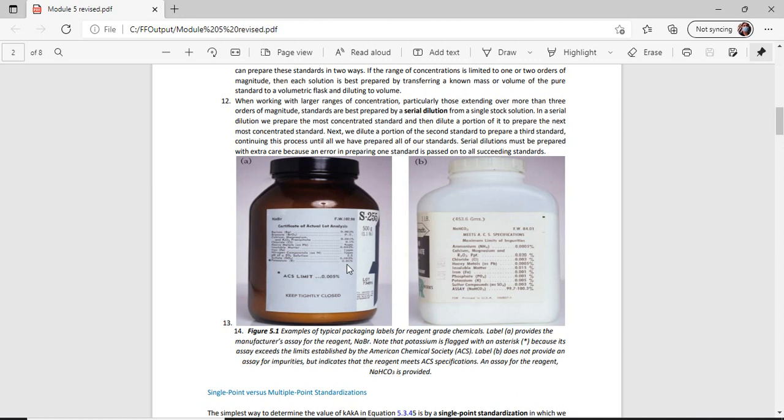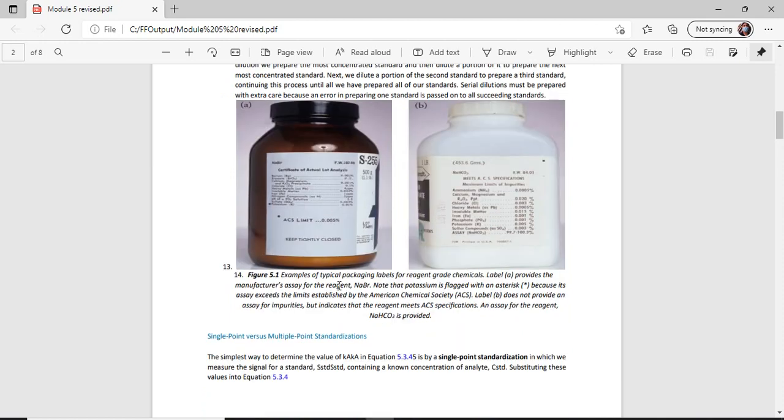Then you have here a picture of your reagent grade chemicals. You have here your NaBr and you have your NaHCO3. These are examples of typical packaging labeling for reagent grade chemicals. Label A provides the manufacturer's assay for the reagent NaBr. Note that potassium is flagged with an asterisk because its assay exceeds the limit established by the ACS, the American Chemical Society.